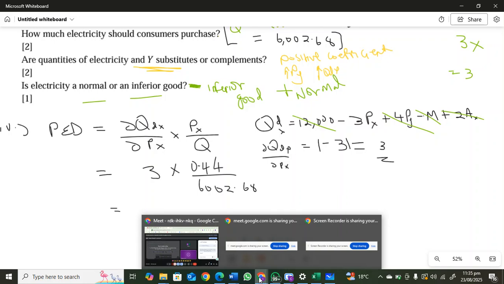Or is your calculator saying 7.33 e to the power negative 5?